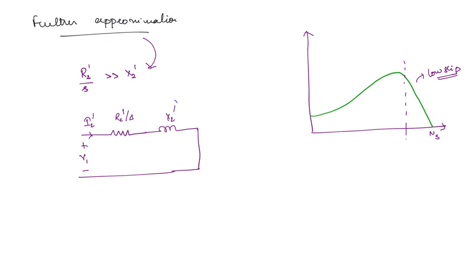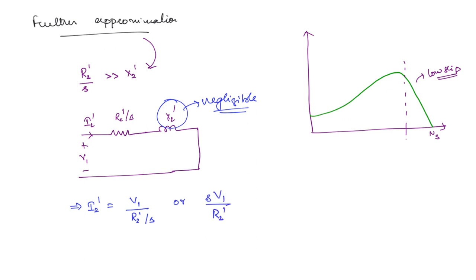Since X2 dash is becoming negligible because of the approximation under the low slip region, what you are going to get is the current I2 dash equal to V1 by R2 dash by S, or you can write S V1 by R2 dash.